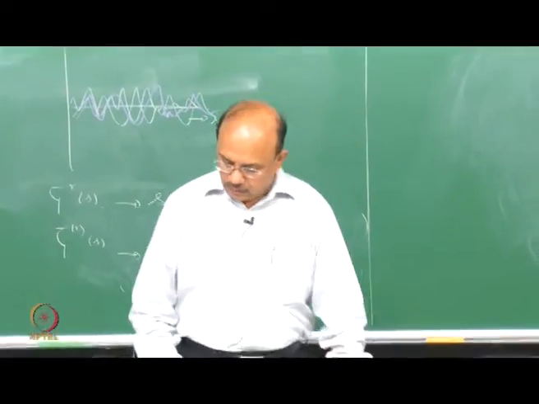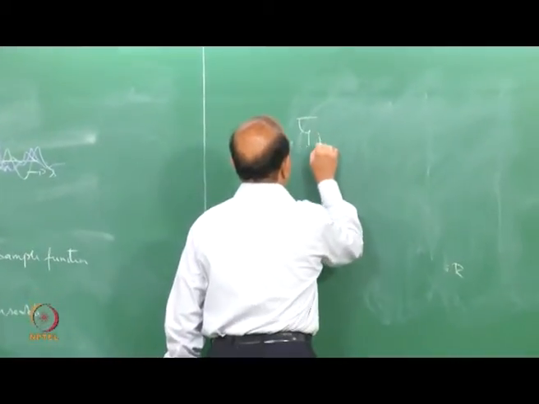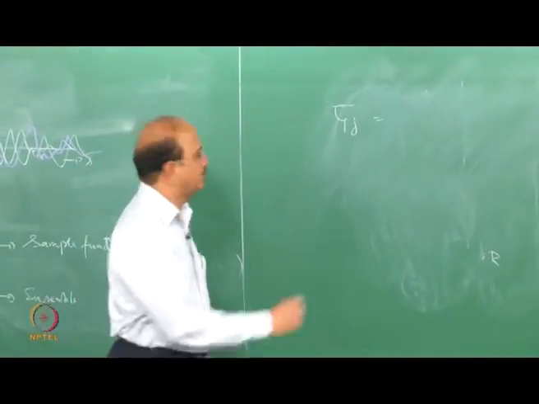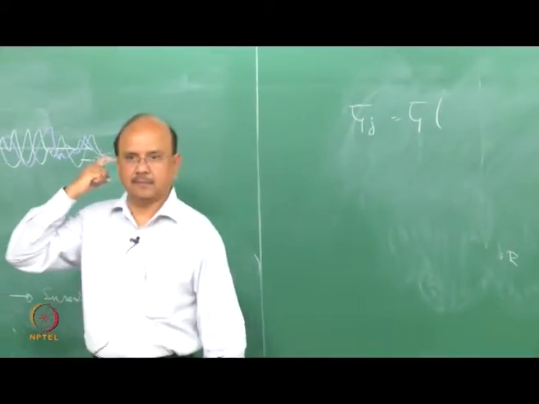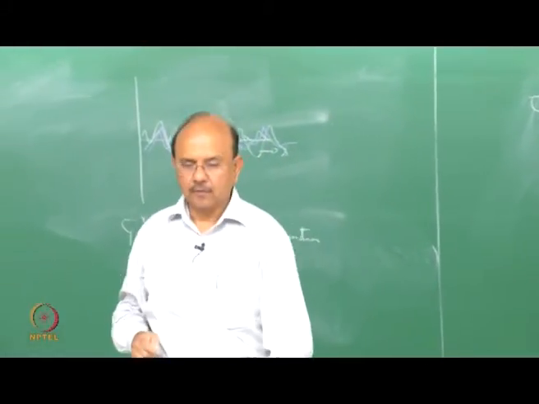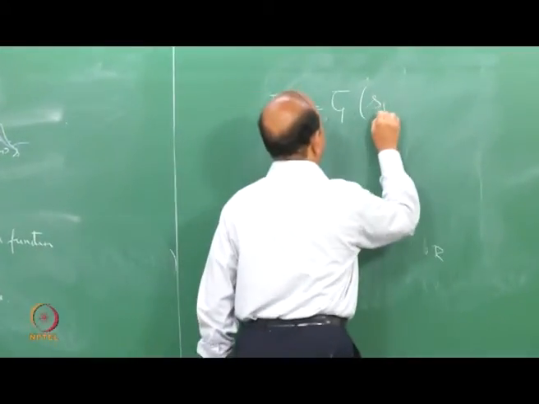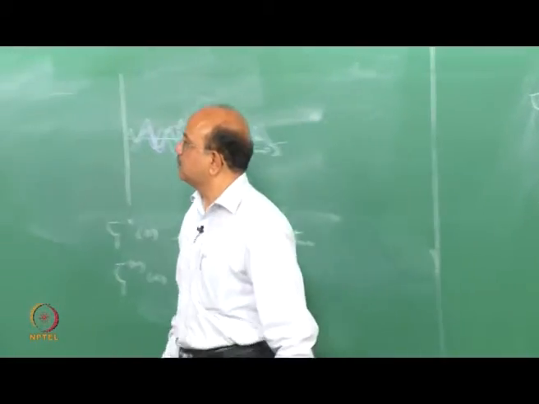Now let us say that zeta j indicates the value of this roughness, say in terms of height, for a particular distance Sj. As you rightly asked, what is Sj?